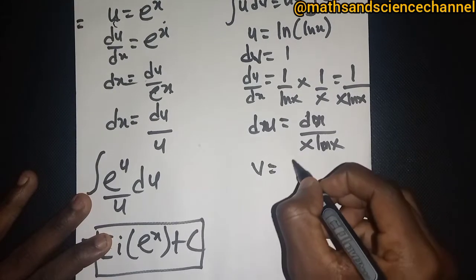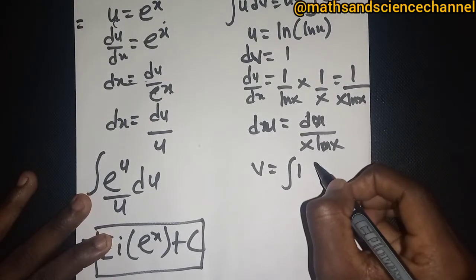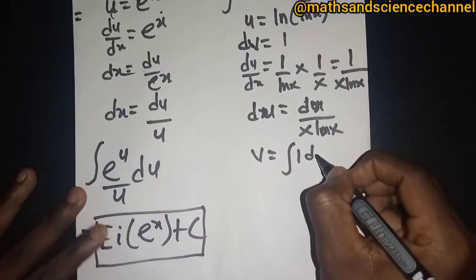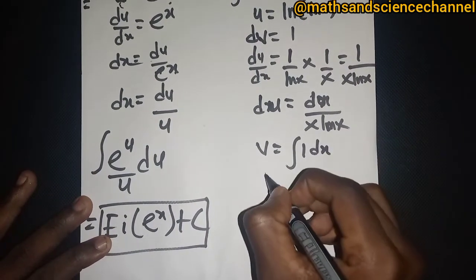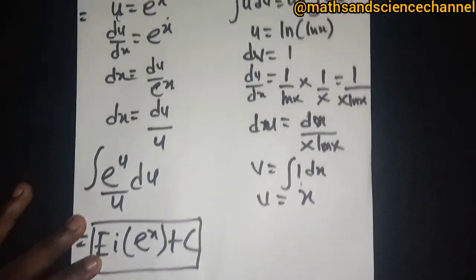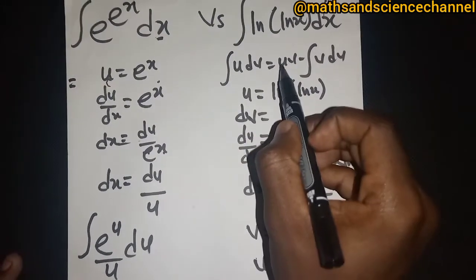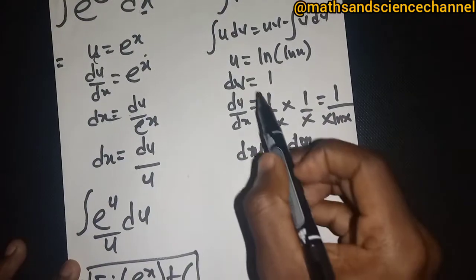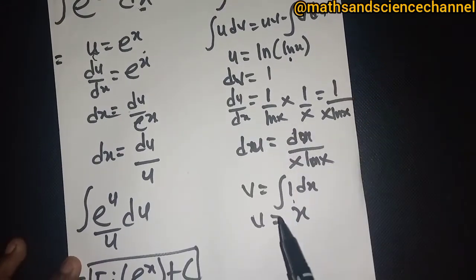So this will just be the integral of dv with respect to x, which is just x. All right, so the integration by parts is given by uv. Our u is just that, and our v is just that.